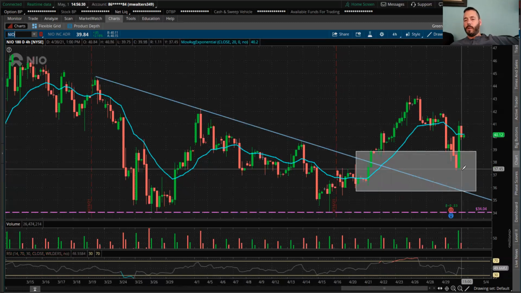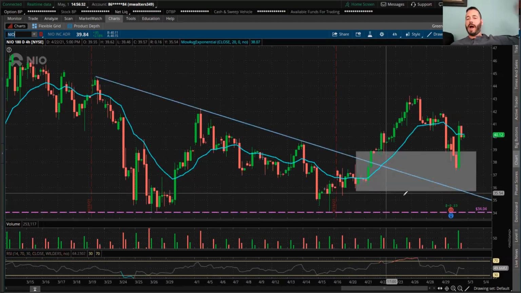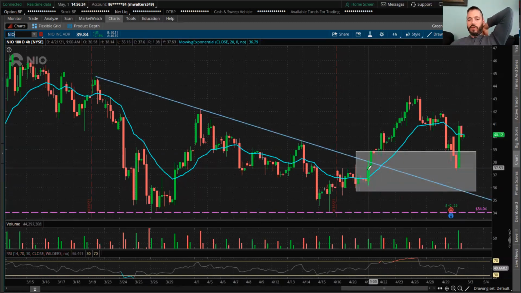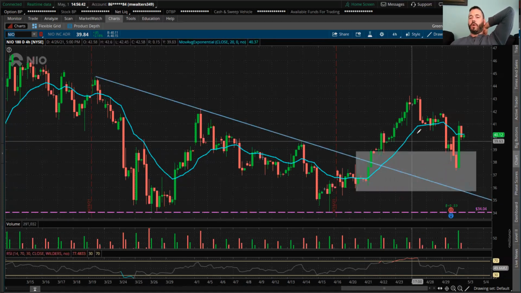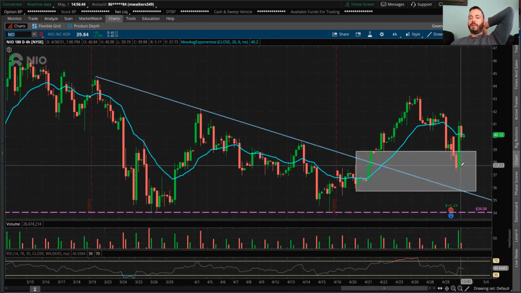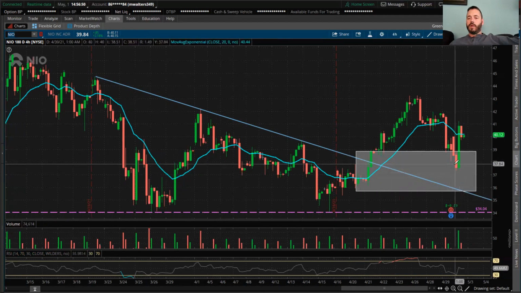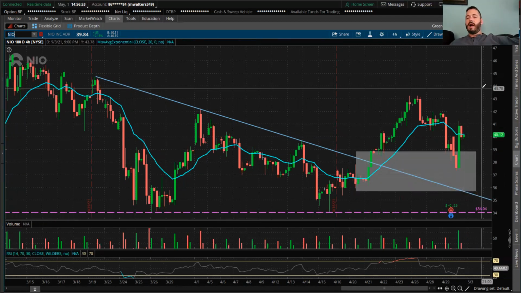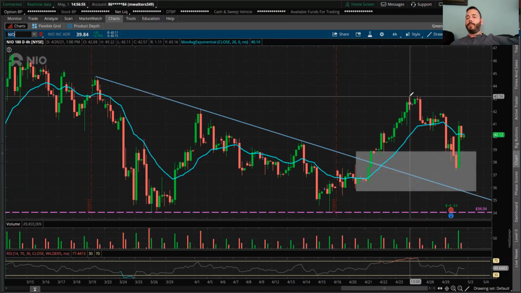And when they do come back, which you see this box right here, this is where the breakout area happened. So this is the area of interest, I call it, right? So when the price comes back into this box, this is where I would consider getting long for the next leg higher. You don't want to buy up here.